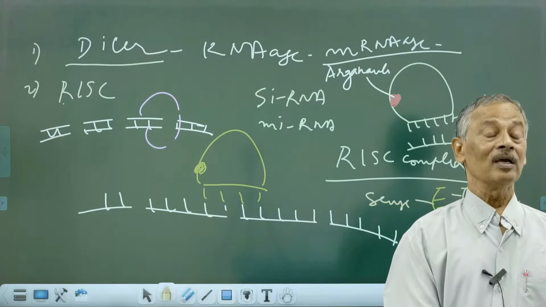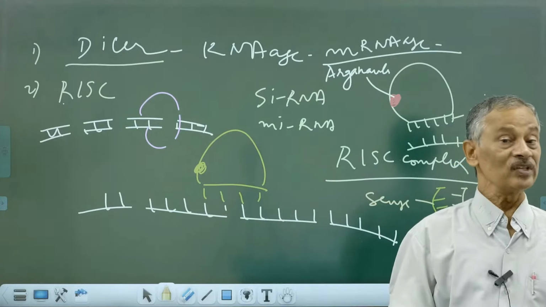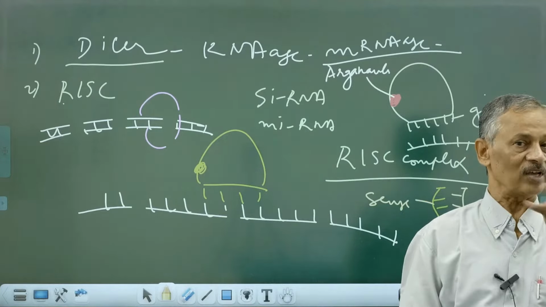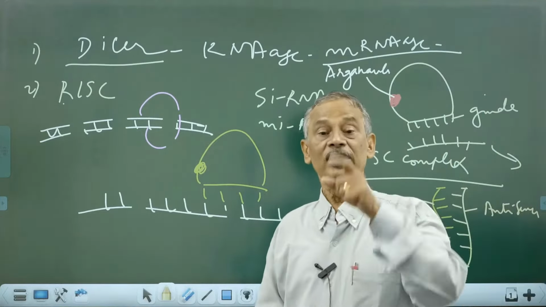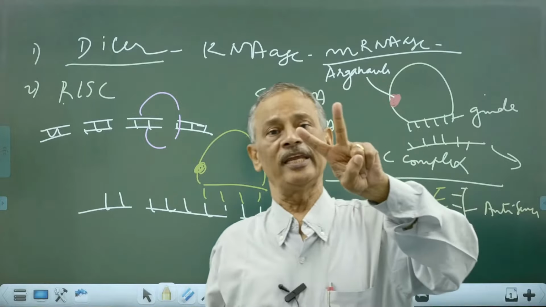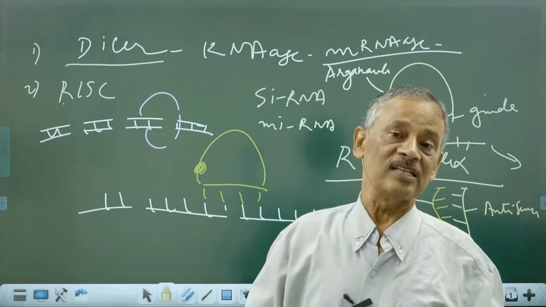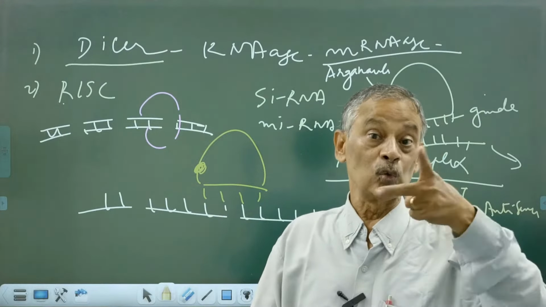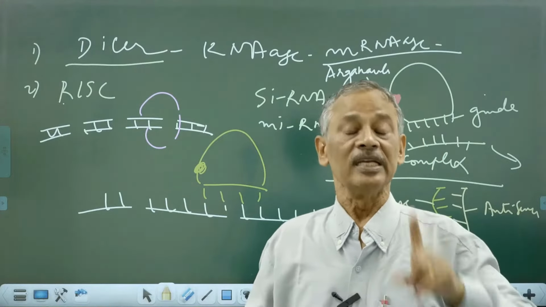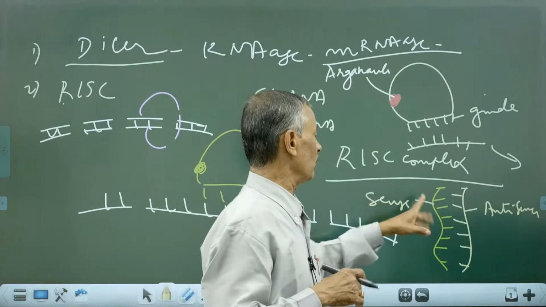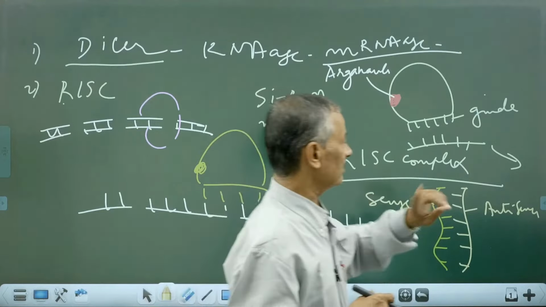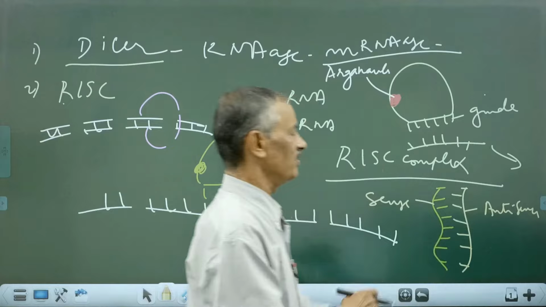So what we did was, using Agrobacterium tumefaciens, our genetic engineer, we introduced two DNAs into tobacco plant cells. We introduced two genes in such a way that one will be producing the sense strand of RNA, the other DNA will be producing the antisense.